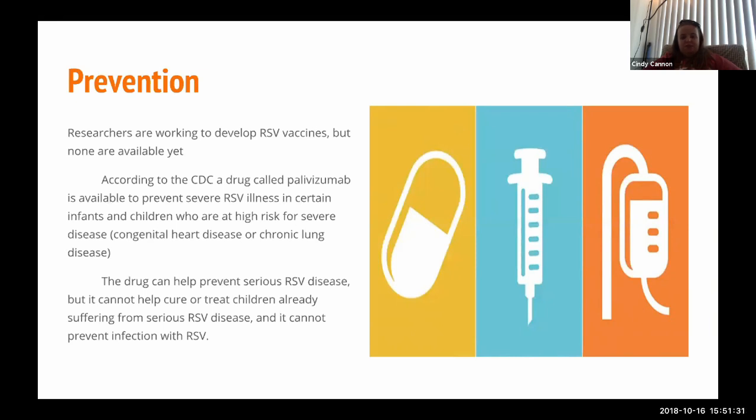It's available, but only to prevent severe illness in certain infants and children who are considered more at risk than regular children, typically children with a heart disease or a lung condition. The drug can help prevent the disease from getting to more serious and life-threatening stages, but it can't cure or treat it if they're already suffering from the disease, and it can't prevent it in general.